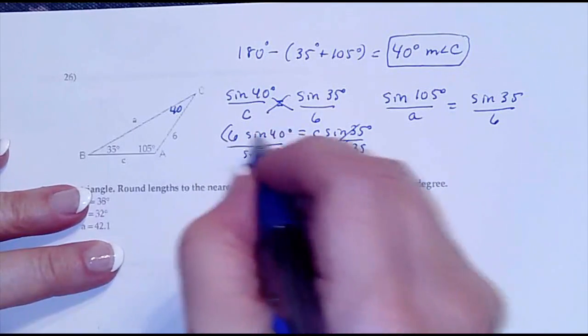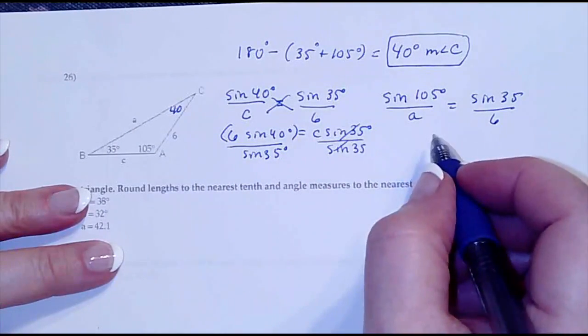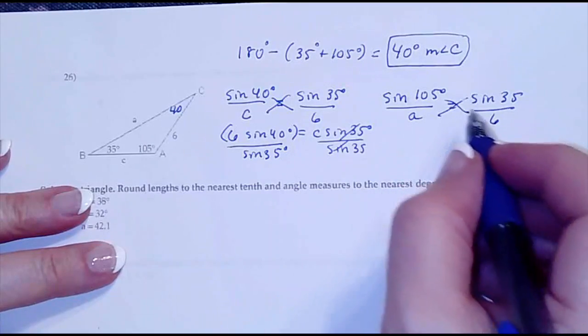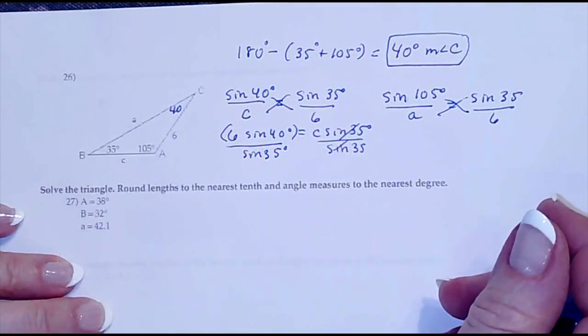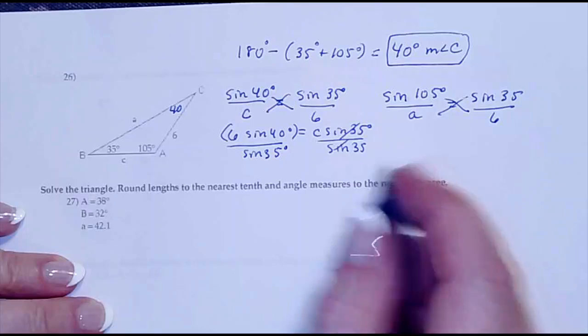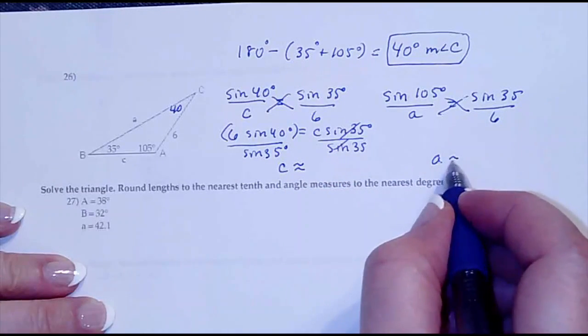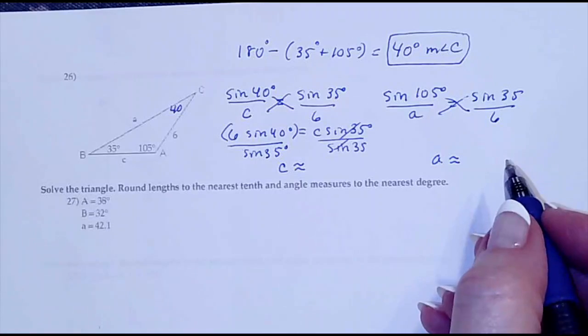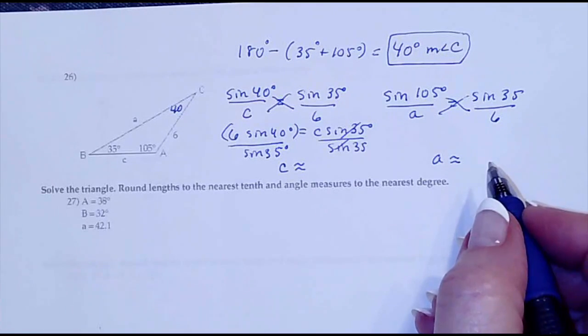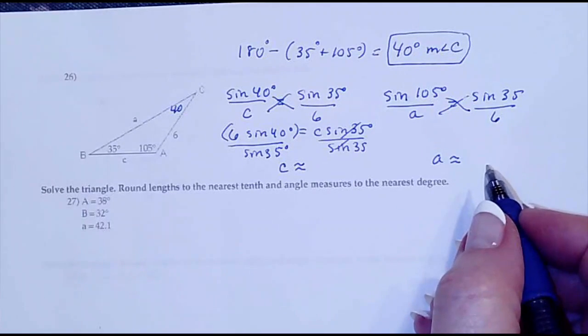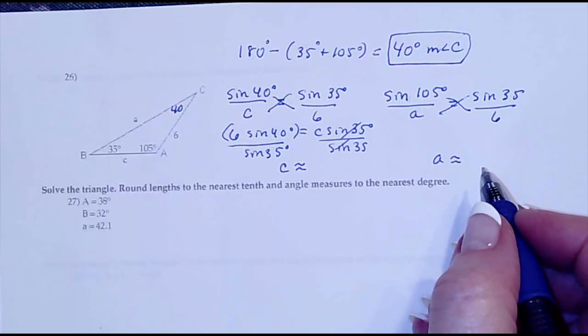And then I would put parentheses around the numerator for that one. You're going to do the same thing on this side. Give everybody a chance to catch up to that point and see what you get for both of those. So you're going to find C and you're going to find A. And let's see if they told us what to do to, no. So let's go to the nearest tenth.